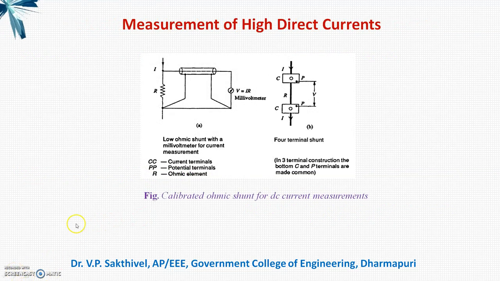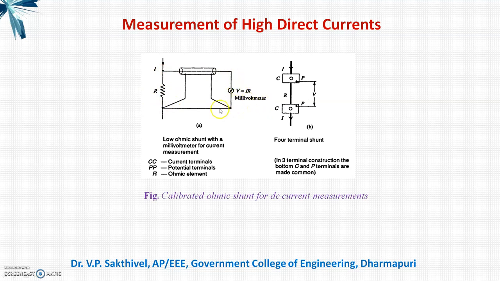Then the next topic is measurement of high DC currents. Here the high DC current is allowed to flow through a resistor, and there is a voltage drop. The drop can be measured with the help of a millivoltmeter.